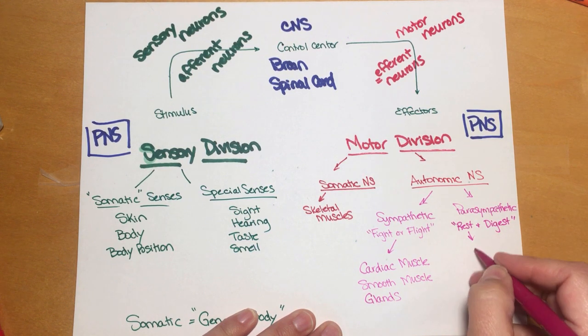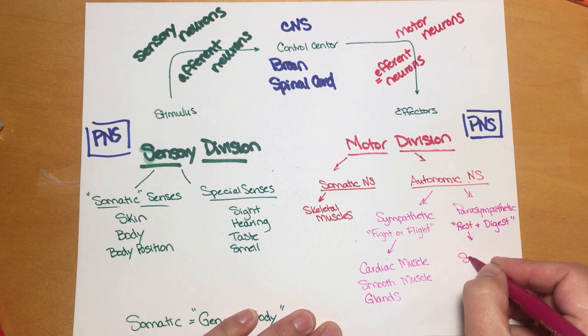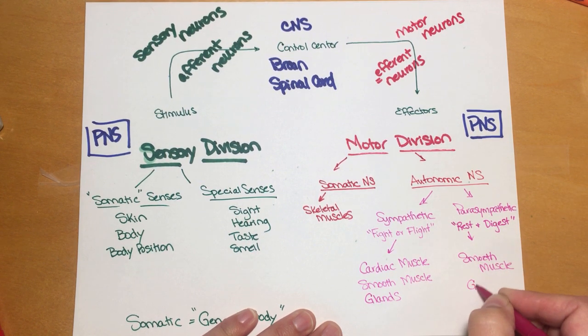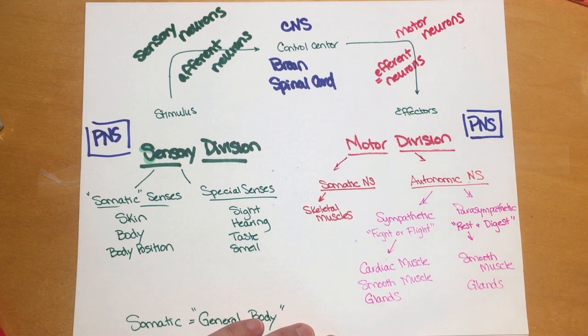And the parasympathetic is going to control the smooth muscle, as well as glands. And we're going to have an entire chapter that we're going to spend on the autonomic nervous system in 254. So we'll leave that for here.